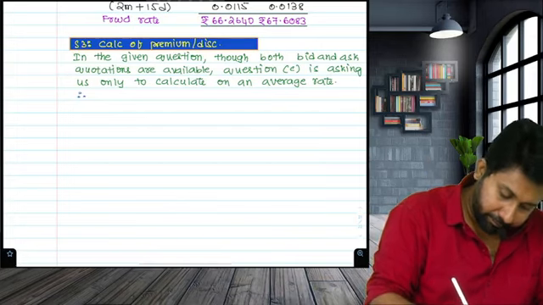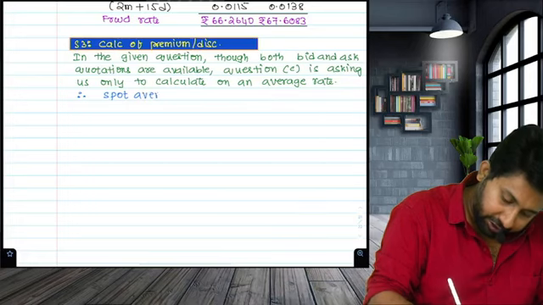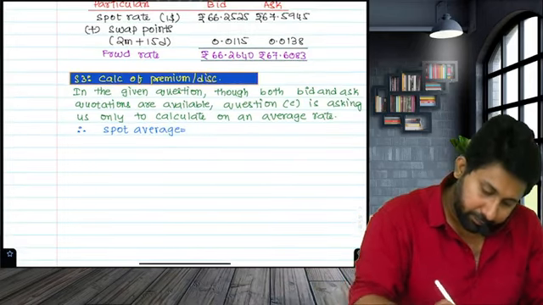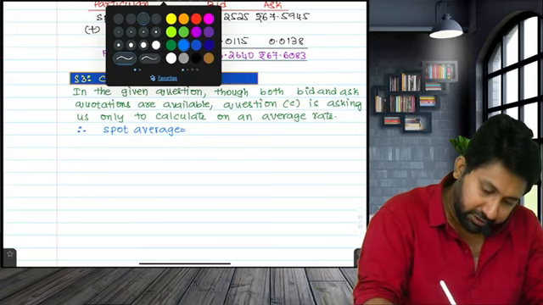Therefore, spot average equals, what is the spot average?